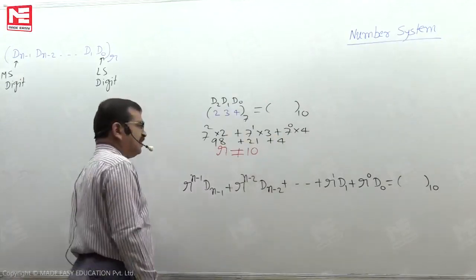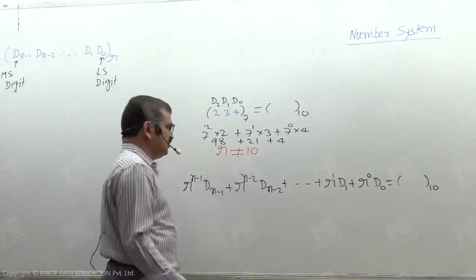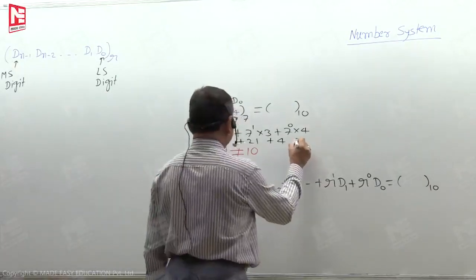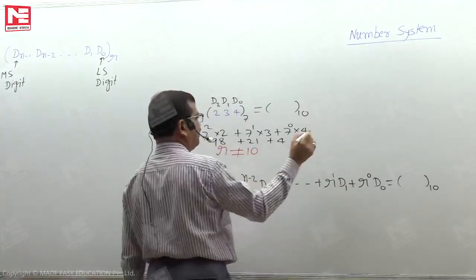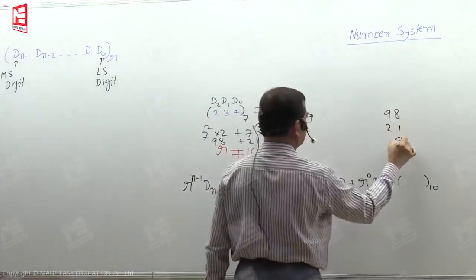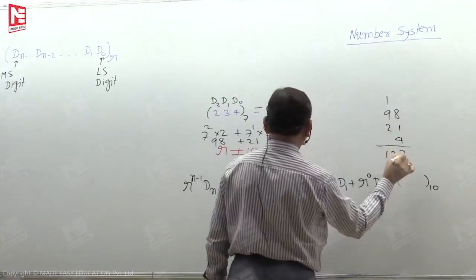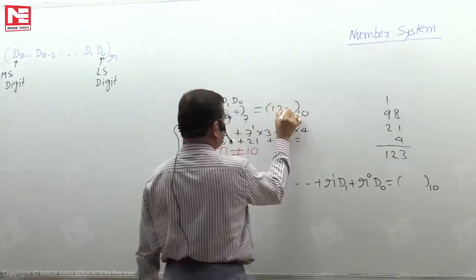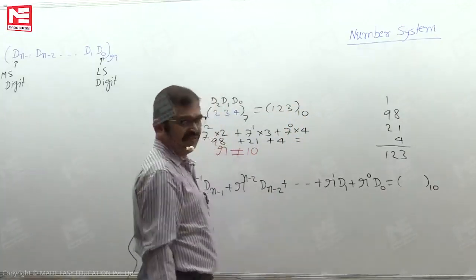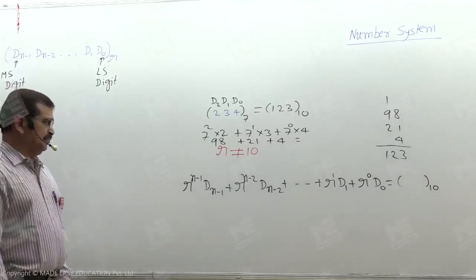So while adding this, the equivalent value is coming to be, verify, 98 plus 21 plus 4, 123. Check if any numerical mistake is there, verify. The answer is 123.